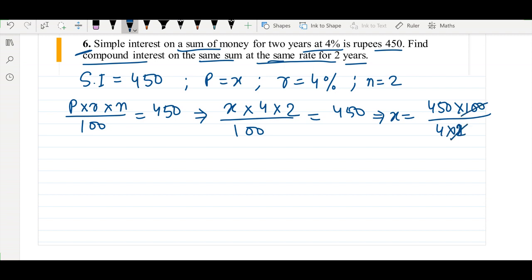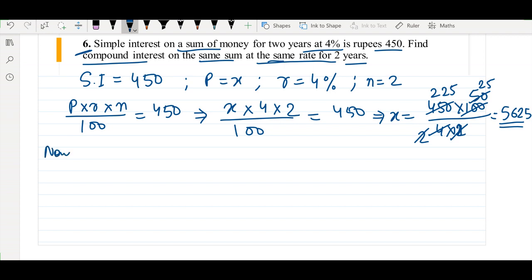So 2 5 is 10, so 50, and then 4, let's cancel by 2, 2 2 is 4, 2 2 is 4, and 2 2 is 4, 25, and then it is into 25, right? 25 into 25, it will be 5625. It is the amount, right?